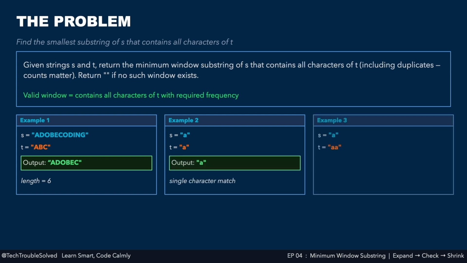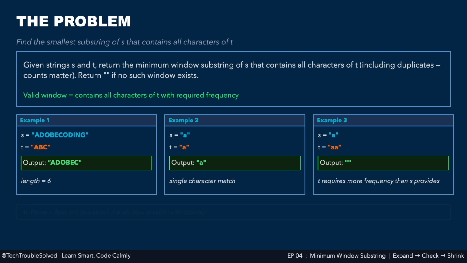S equals A. T equals AA. Answer is empty string. T needs two A's. S only has one. Impossible. That third one, that's the one that catches people. A set would say A is in the window. We are good. But we need two A's. A set can't tell you that.